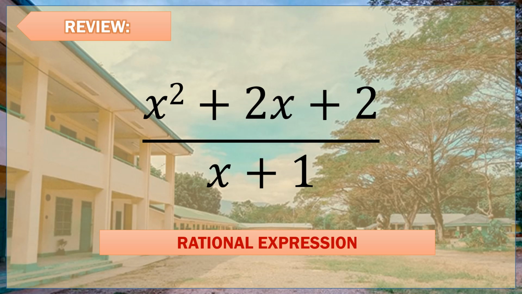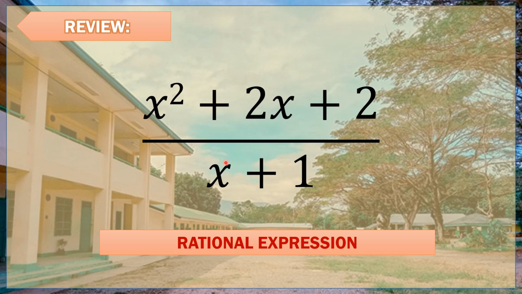Because, as we said earlier, a rational expression can be written as a ratio of polynomials. Our numerator and our denominator are both polynomials. This is a trinomial and this is a binomial.